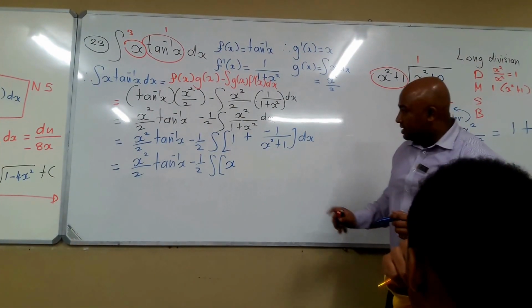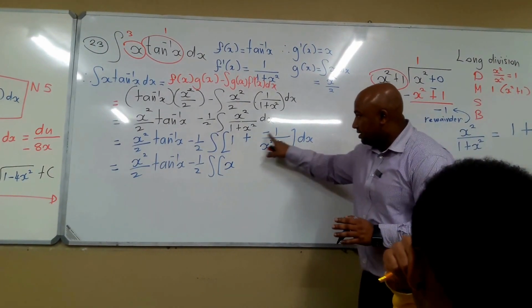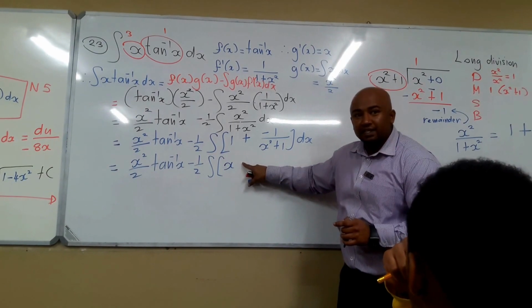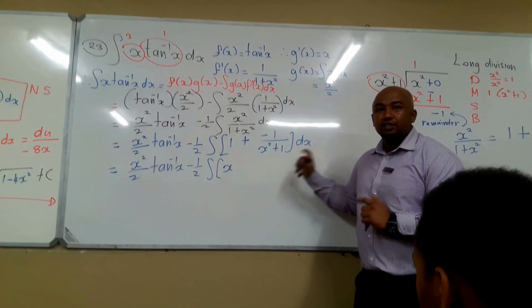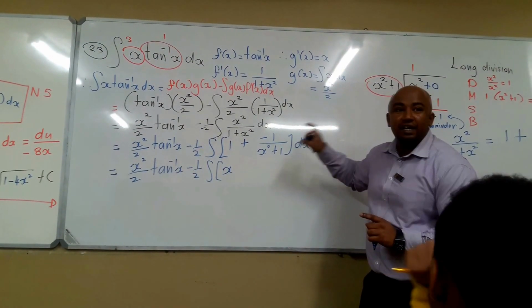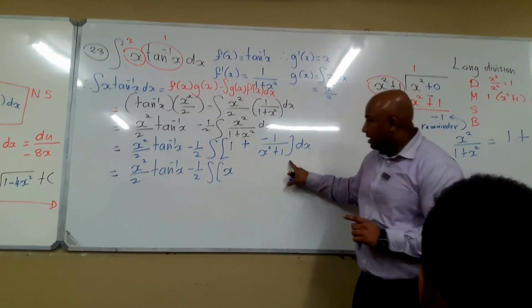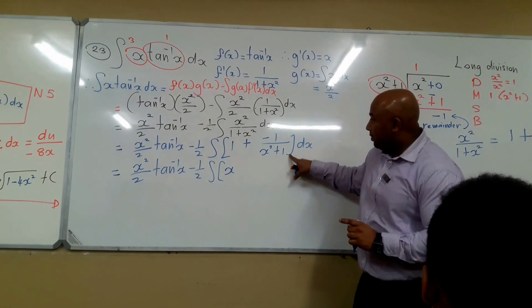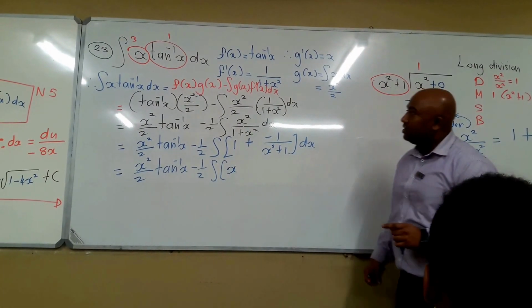Now we need to integrate. Okay, now it depends on if you want to multiply a positive times a negative, which is a negative first, and then integrate, you can. Or if you do it as it is, then we now have minus 1 all over x squared plus 1. We need to integrate this. How do we do that?